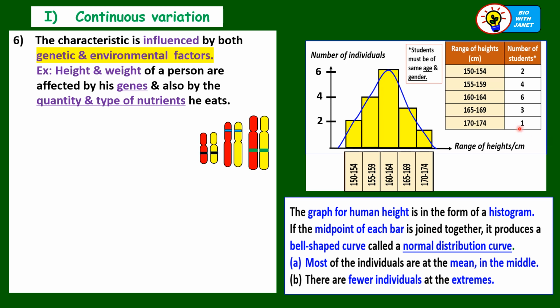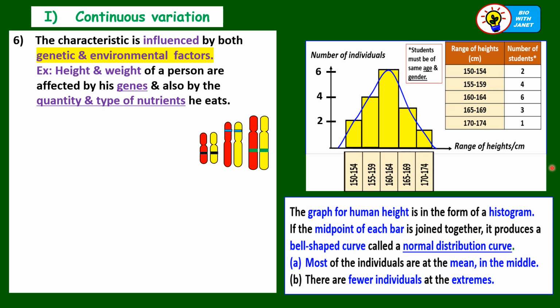So a person may inherit the genes for tallness from his father and mother, but that does not mean that he will grow to be as tall as them, because it also depends on the type of nutrients that he takes. So this is the environmental factor. If he doesn't eat enough proteins, his height may be stunted, so he won't grow to be that tall.